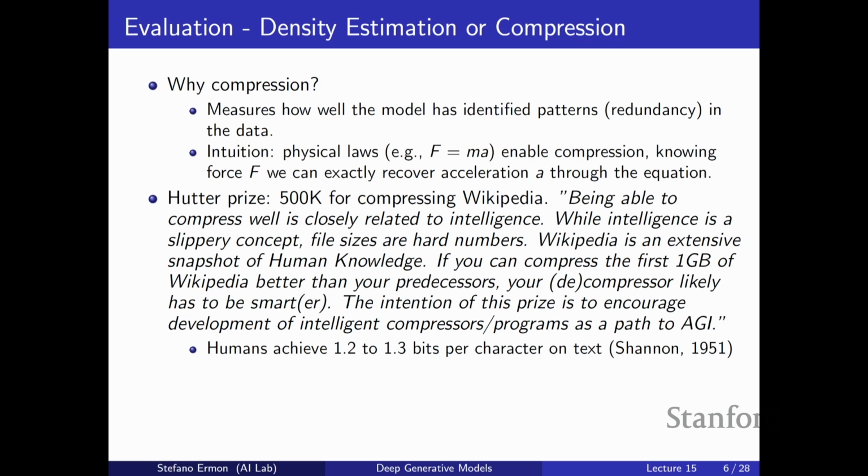So there are 27 characters or something like that, so there's a lot of uncertainty. If you didn't know anything about it, you would need maybe 4 or 5 bits to encode a character. But people are able to do it with only 1 or 2. So there's not too much uncertainty when you predict the next character in English text; people are pretty good.